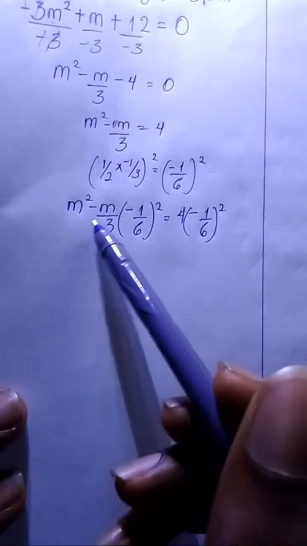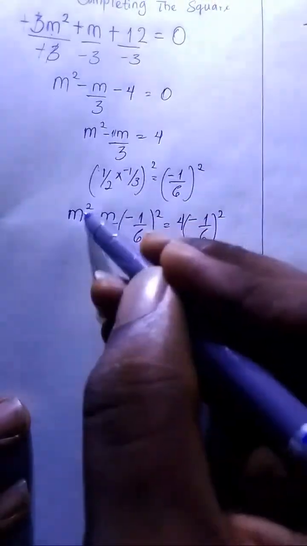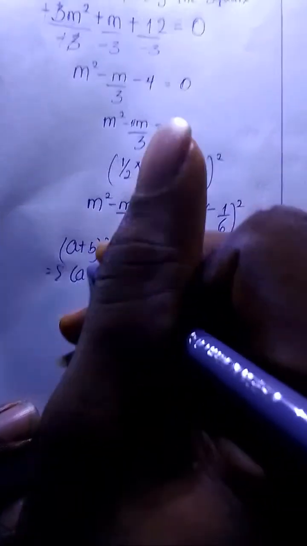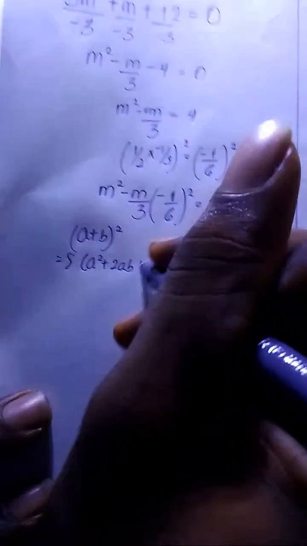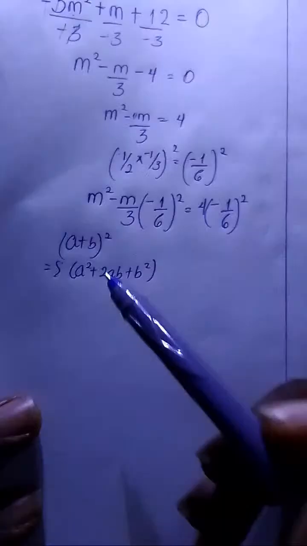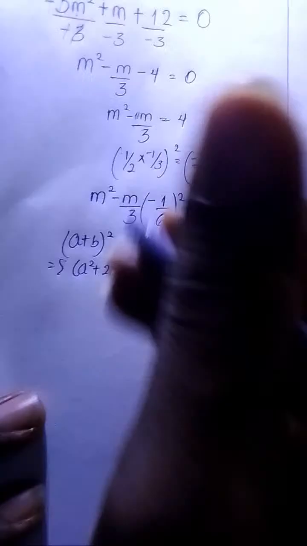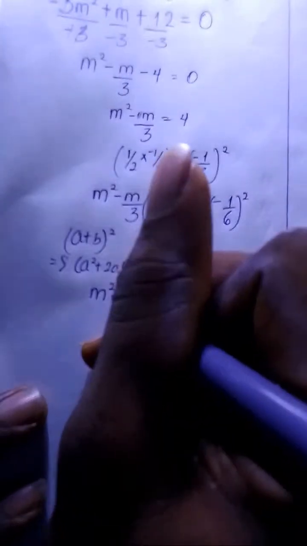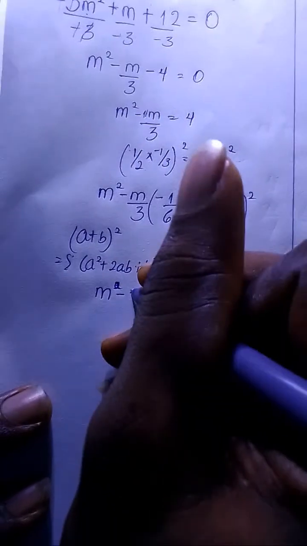So we have m squared minus m over 3. Just like we did this, when we have a plus b squared, it will give us a squared plus 2ab plus b squared. That's the same thing we're going to do for this part of the equation. So from here we have m minus 1 over 6.